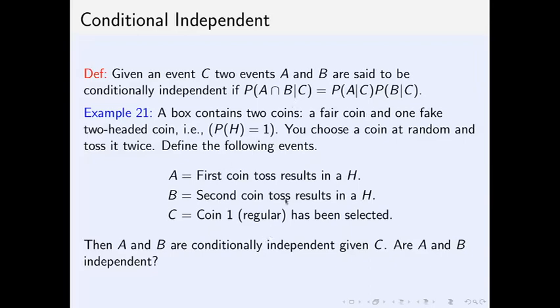And this is one example which shows that A and B are conditionally independent given C, but A and B are not independent. This example again is very simple. I left it for your exercise. Just write down a very simple example, and I leave it as an exercise.